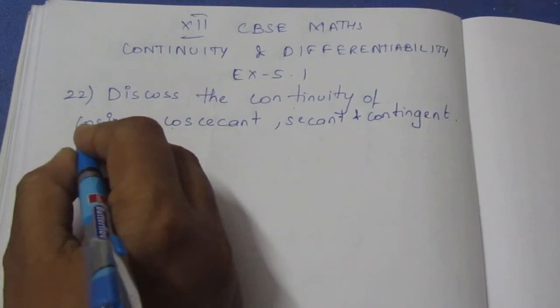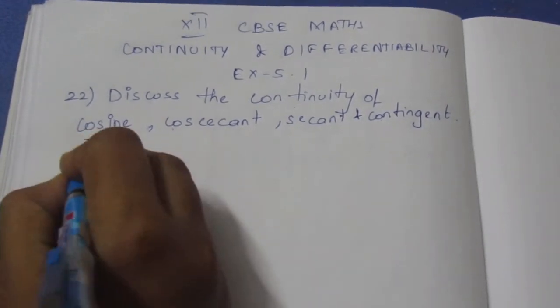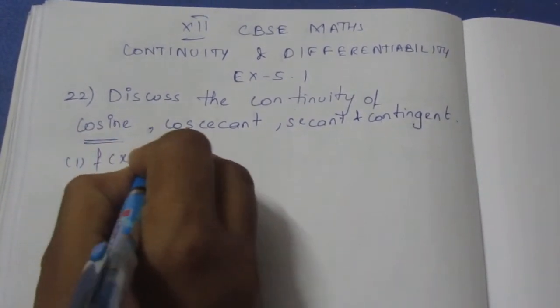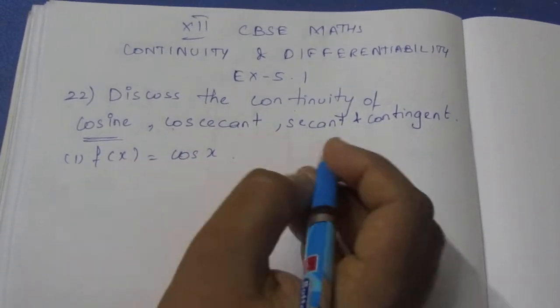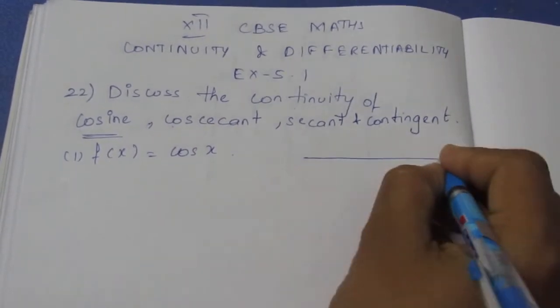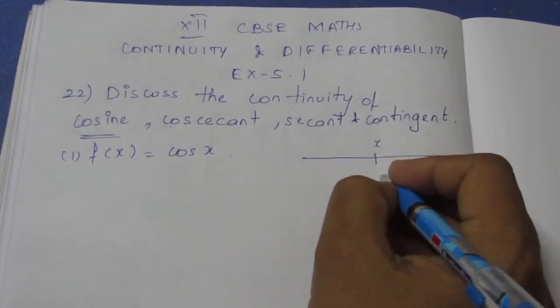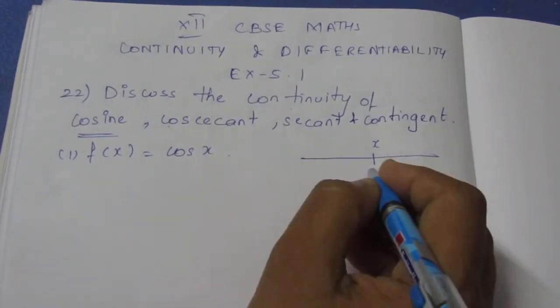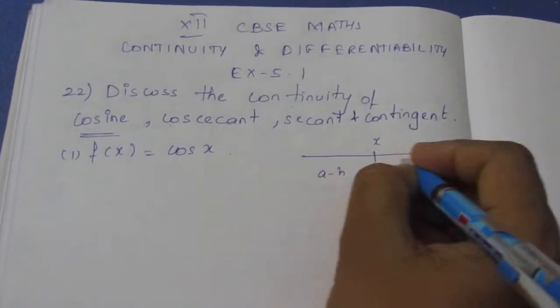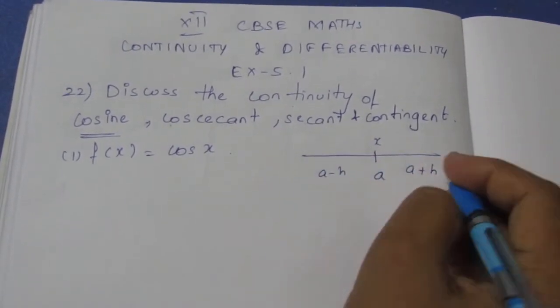First let us take cosine. So let f of x is equal to cos x. Here in the place of x I am going to take it to be a. We know that the left hand limit will be a minus h, and the right hand limit will be a plus h.